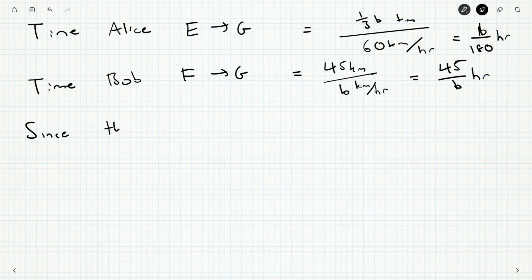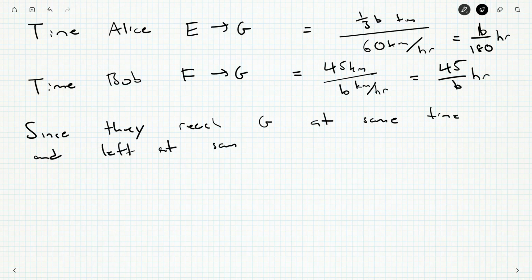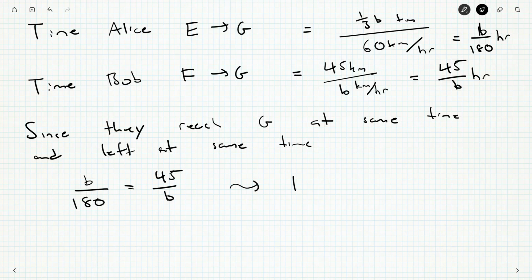So I'd say since they reach G at the same time and left at the same time, we can see B over 180 has got to be the same as 45 over B. So multiply both sides by B, multiply both sides by 180, we'll get 45 times 180. 180 degrees is 2 right angles, and each of those is 2 45-degree angles, so this is 45 times 4 times 45.